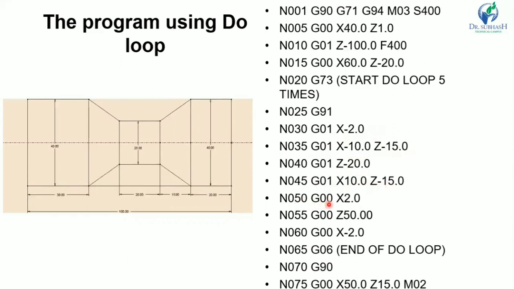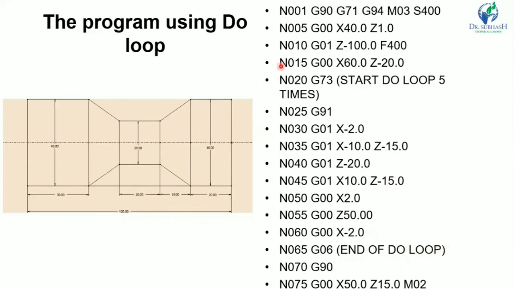Then rapid traverse G00 X2. Then G00 Z50. Then G00 X minus 2. Now G06, so end of do loop here. End of do loop.